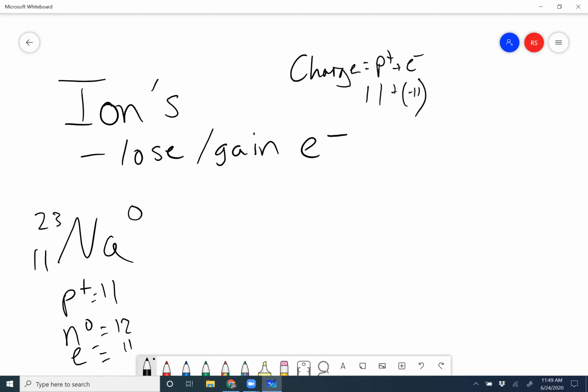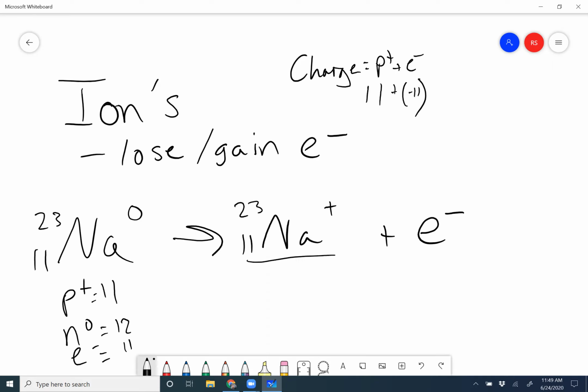But sodium hates being a neutral atom. What it likes to do is it likes to kick off its electron. It's still going to be 23. It's still going to be 11, but it's going to lose its electron and become the positive ion called sodium ion.